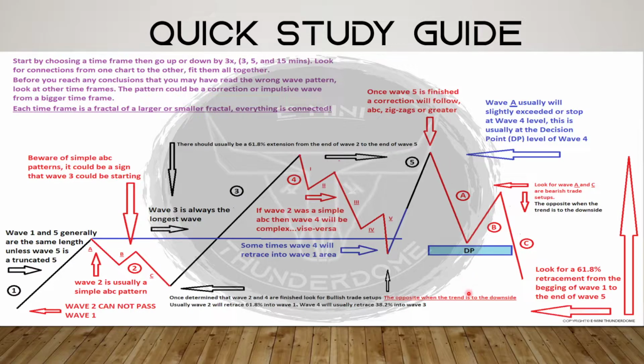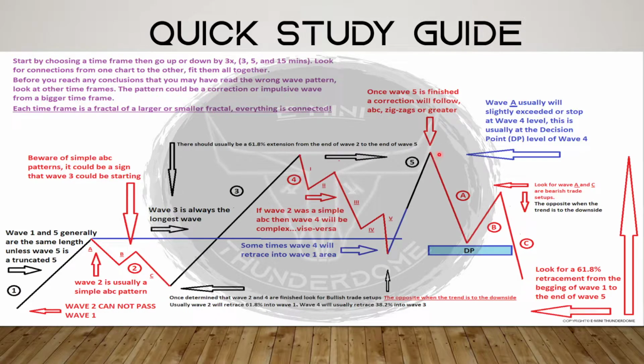So then you would start a retracement from the beginning of 1 all the way to where you figured out 5 ended, and you're going to look for a minimum of 61.8%. Wave A will usually stop where wave 4 ended and wave 5 started.